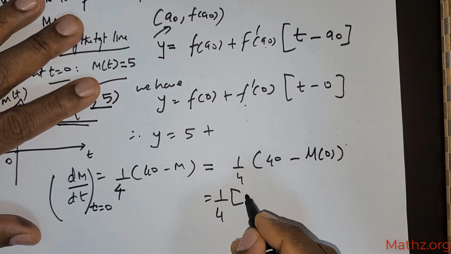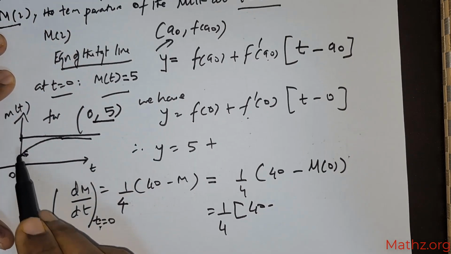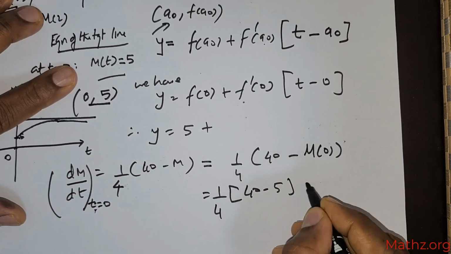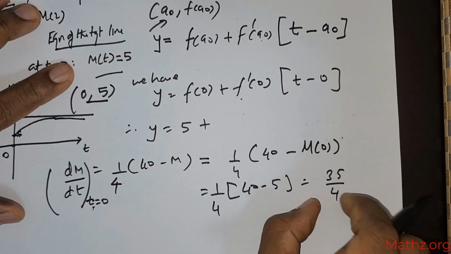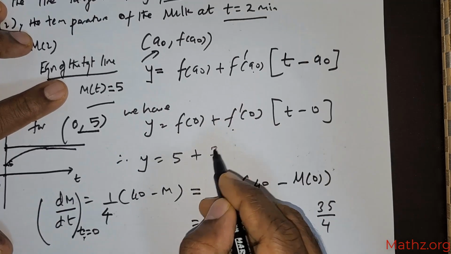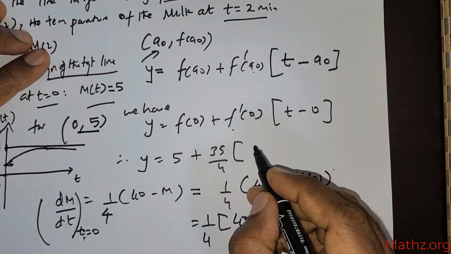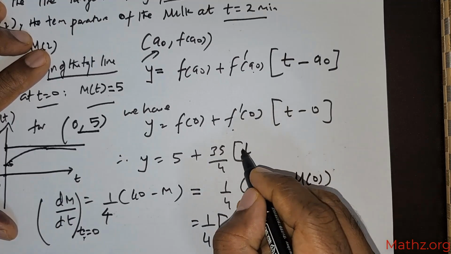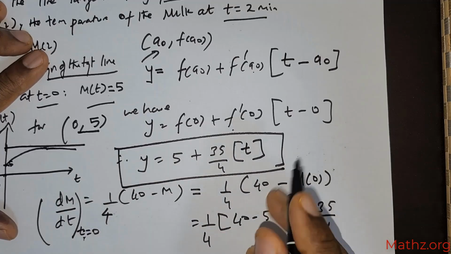So 1 over 4 of 40 minus m of 0, which is given as 5. So this is going to be 35 over 4. Now take this 35 over 4 and substitute there: 35 over 4 of t minus a naught, which is 0. We don't have to take that, so you place this t. So this is the system. We have set up the system for calculation.